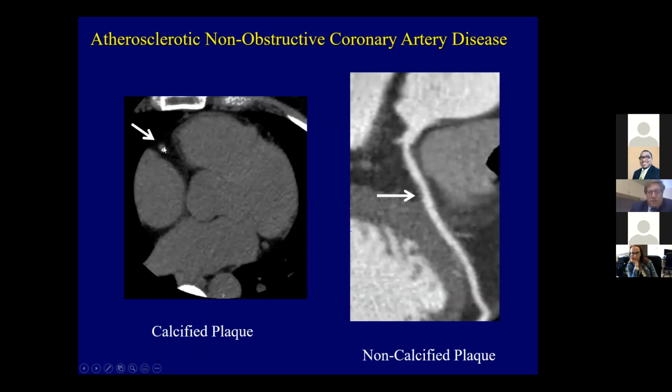This is evidence of calcified plaque that we can see here. And again, this is actually a non-obstructive lesion, but this would be contributing to the calcium score. If you look on this side, you see that this is non-calcified plaque. Again, it's non-obstructive, but this non-calcified plaque can be vulnerable plaque and can rupture and cause events.